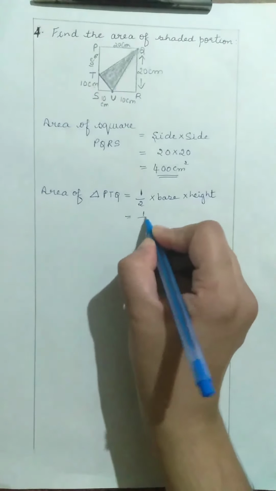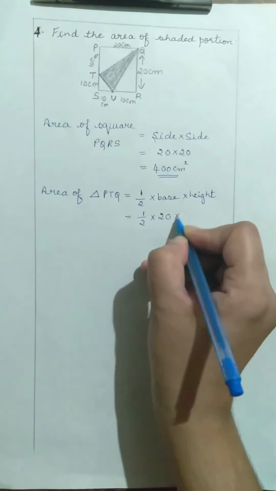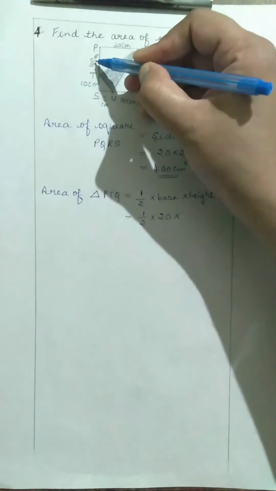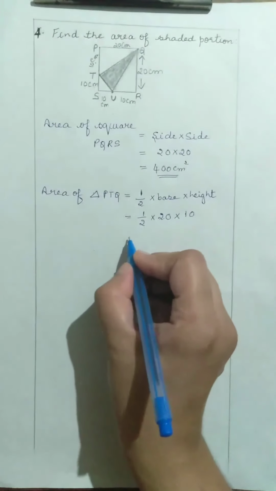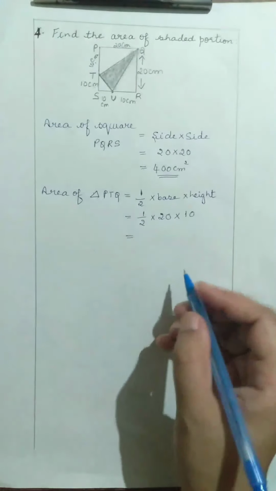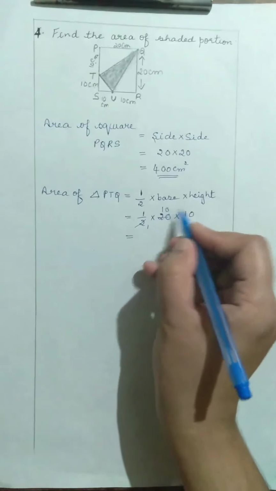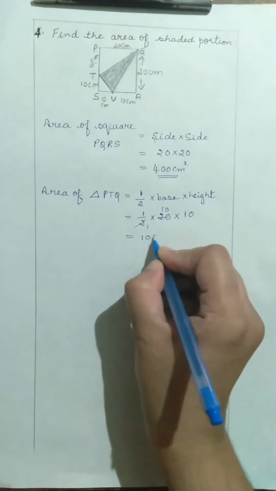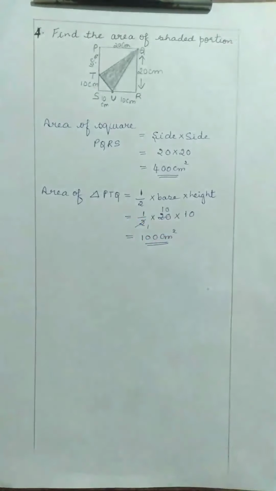So half into the base value 20 into the height. Here a straight line is there, no? This is the height, and that will be equal to 10 centimeter. Therefore, on simplification, 2 ones are 2, 2 ones are 2, 0. So 10 into 10, it will be 100 centimeter square, the area of the triangle PTQ.